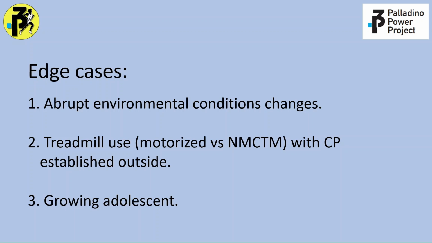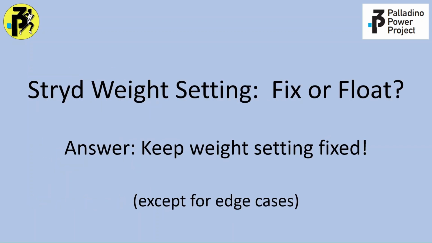And most of the platforms that allow you to track your watts over time display it in watts, not watts per kilogram. So yes, you can change your weight setting, but it's best to keep your weight setting fixed. And it doesn't make a difference except for the edge cases.